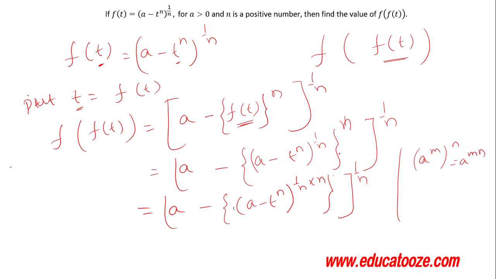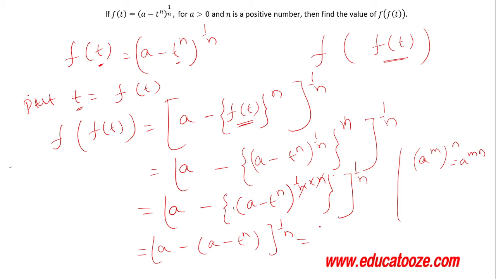That means the 1 by n into n get multiplied together, that means it gets cancelled. So it remains a minus (a minus t^n), whole power 1 by n.